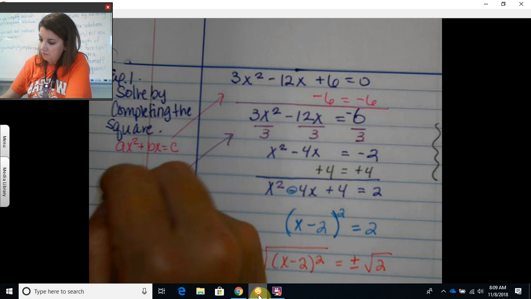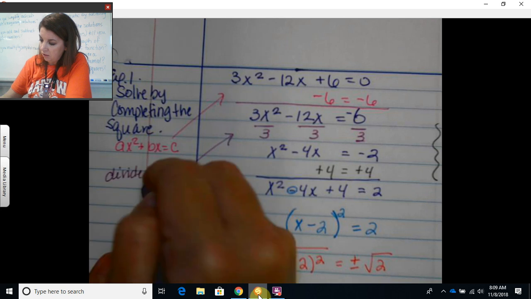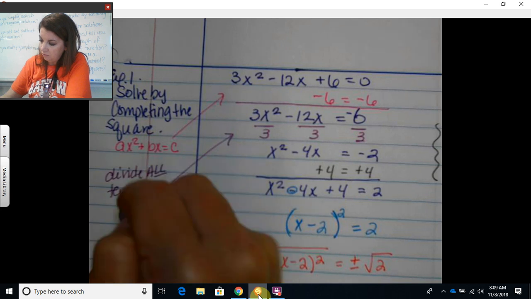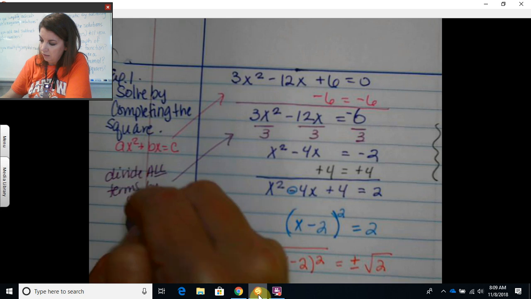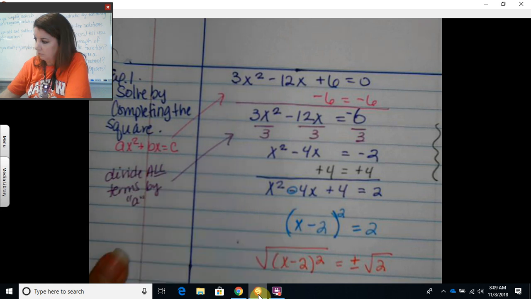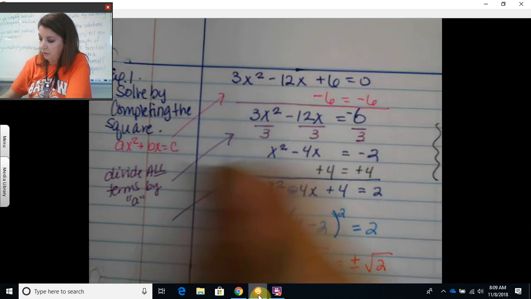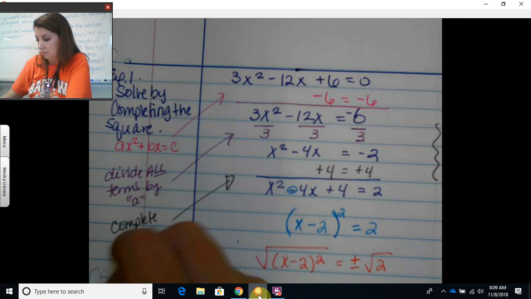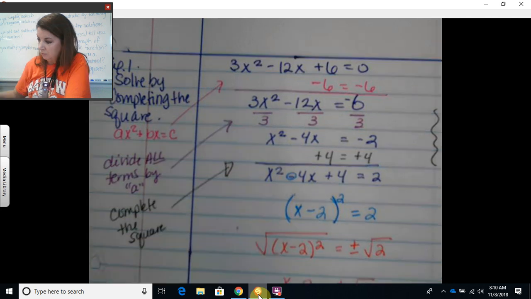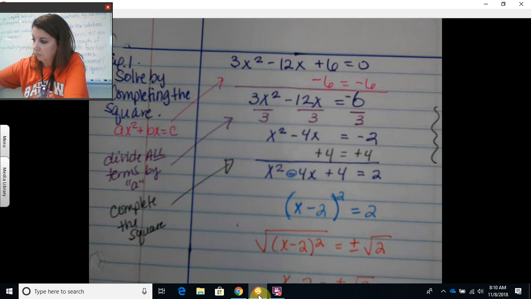Divide all terms by a. Complete the square. And if I had not written this there, it'd all be right next to it.